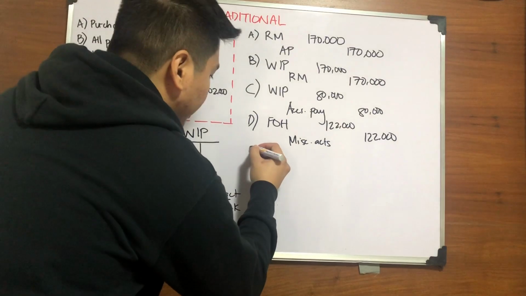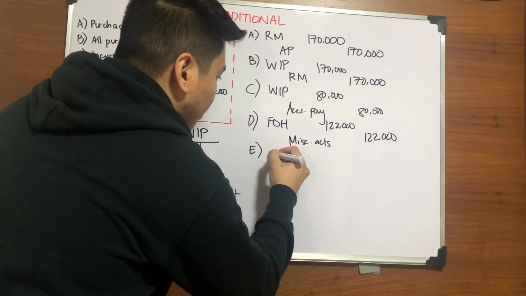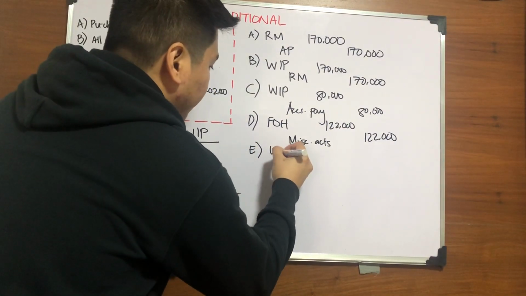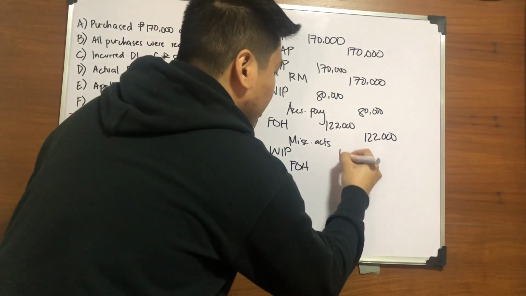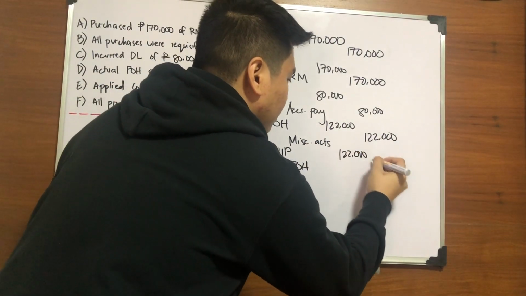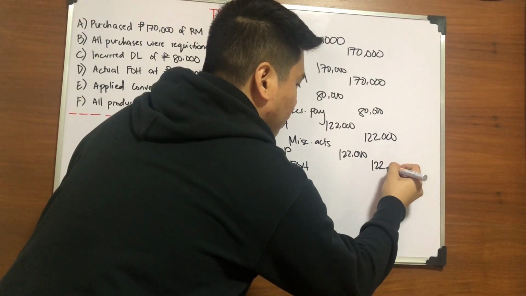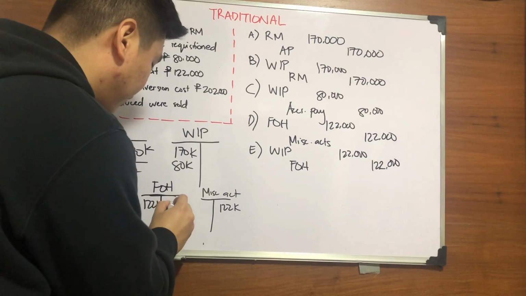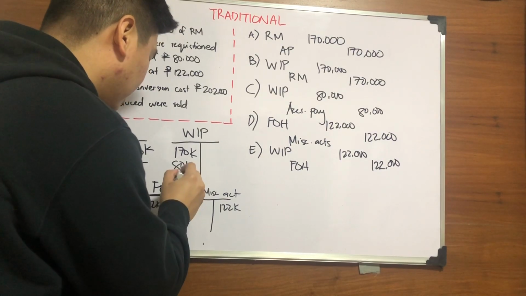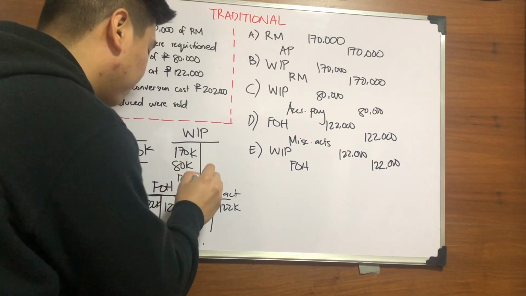So we transfer here. We debit WIP. We credit FOH for the amount of 122,000. So we close out our factory overhead here, and we add 122K. Okay.